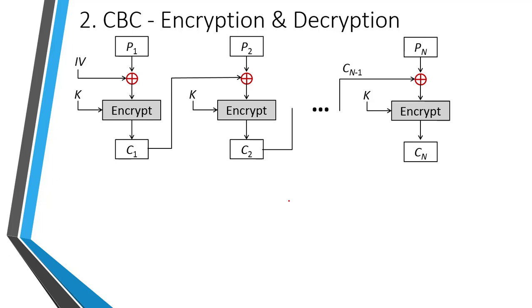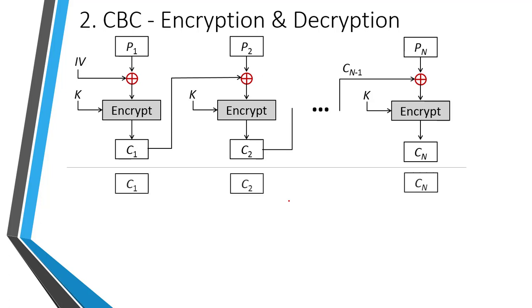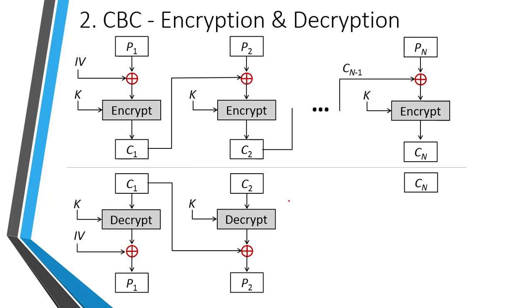The last block is padded to full B bits if it is a partial block. For decryption, each cipher block is passed through the decryption algorithm and the result is XORed with the preceding cipher block to produce the plaintext block.